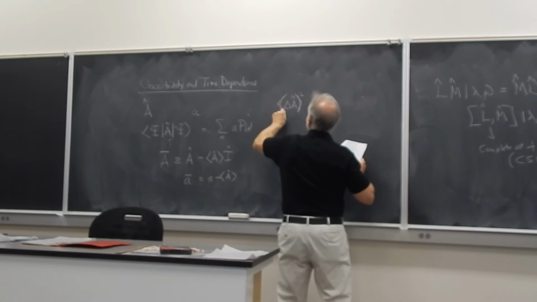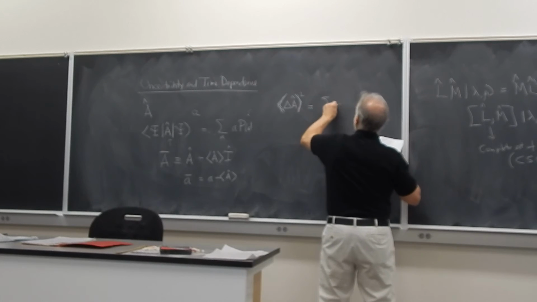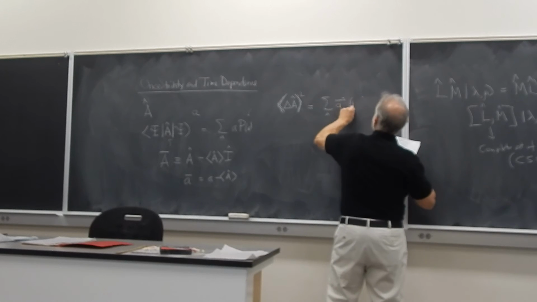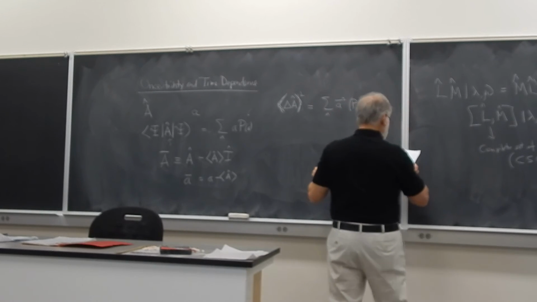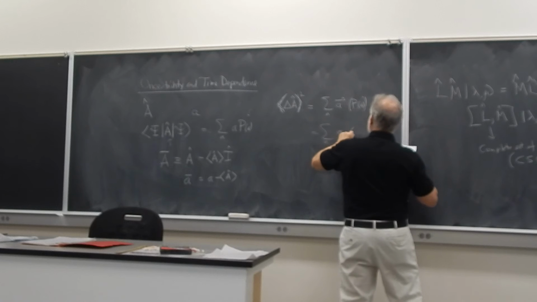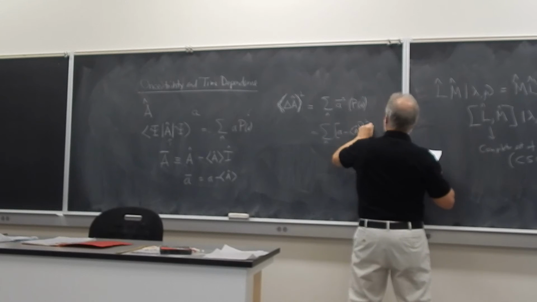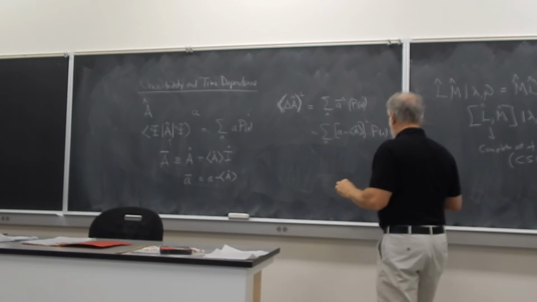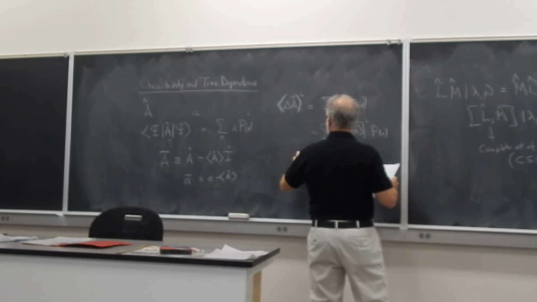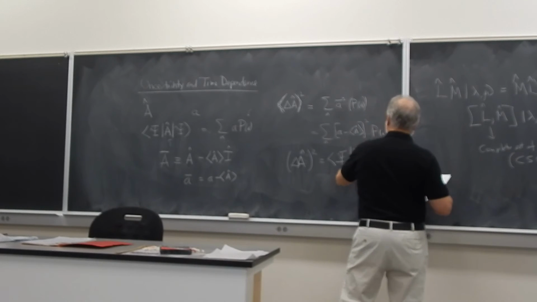squared, which I can write as sum over A bar squared, P of A, which is the sum over A minus expectation value A quantity squared times P of A, or delta A squared is equal to psi A bar squared psi.